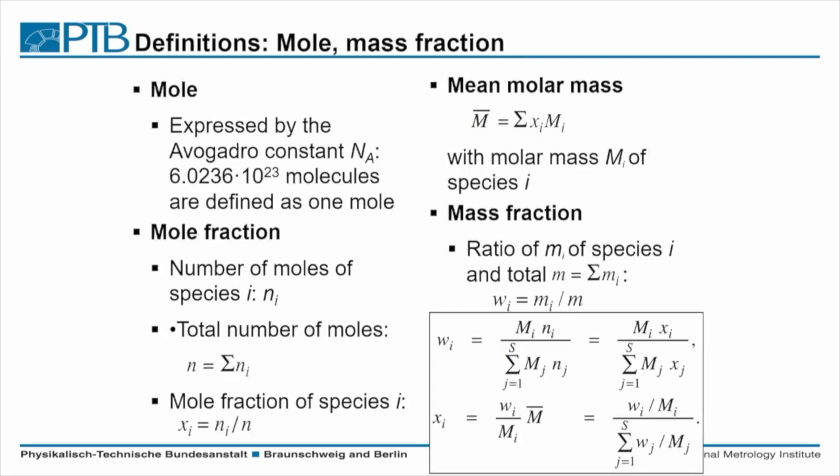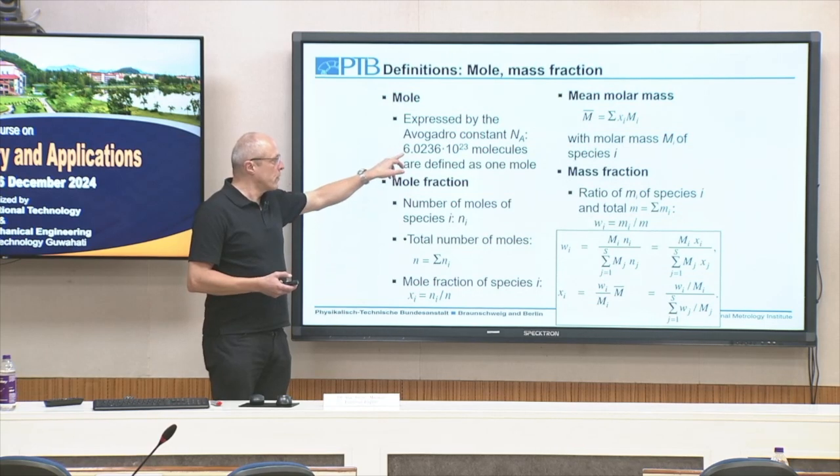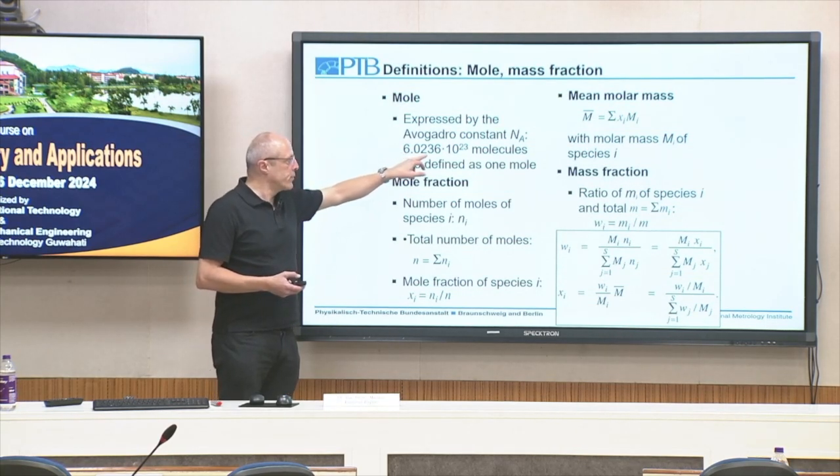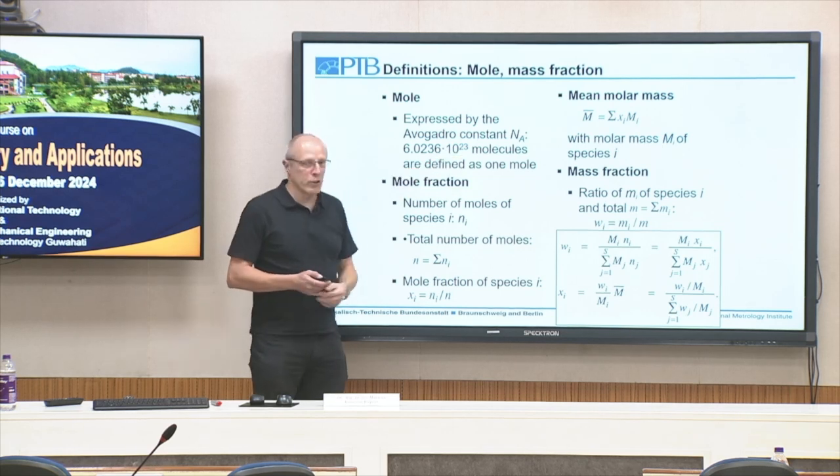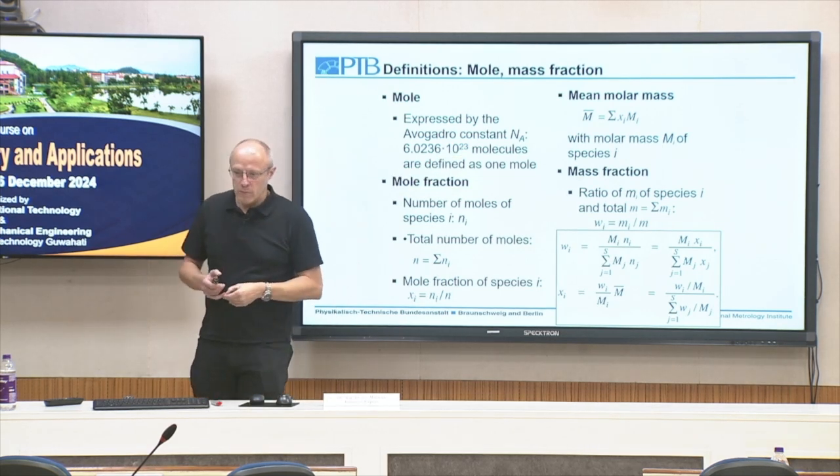But to give you again some overview, when we talk about the SI unit mole, this is expressed by the Avogadro constant N_A. 6.0236 times 10 to the power of 23 molecules, or atoms, define 1 mole.